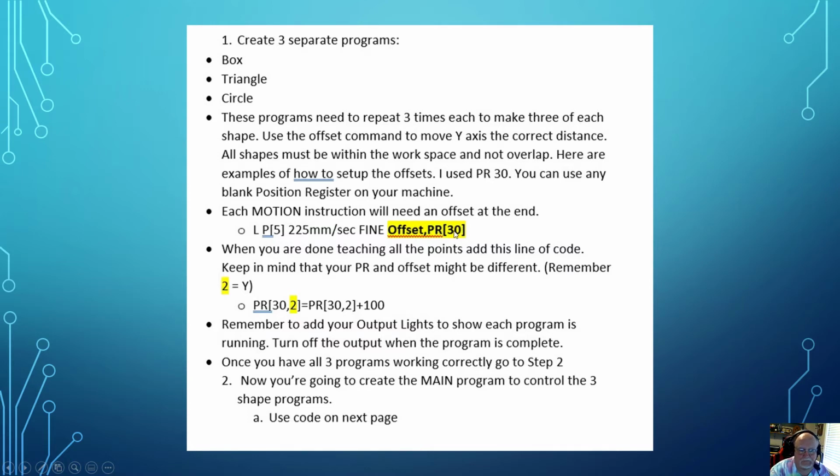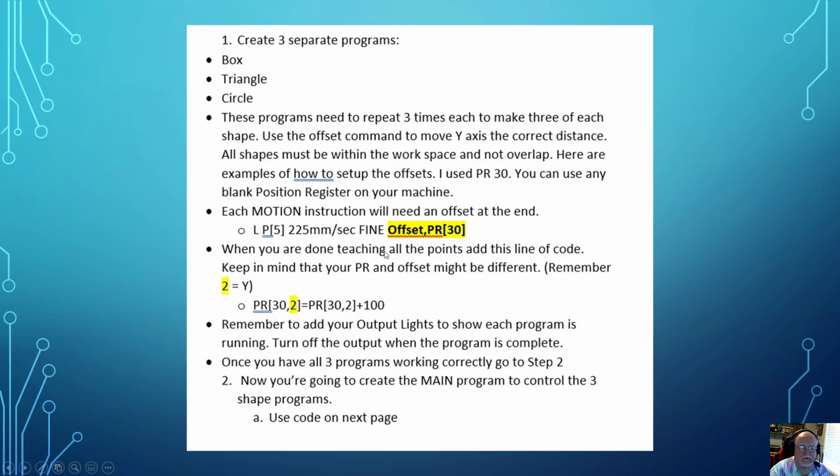That's all you have to do for that part. But that needs to be done on each motion instruction. Remember that. Even when you do the circle instruction, which has 2 parts, a beginning and a destination, you have to put that offset for both of them.